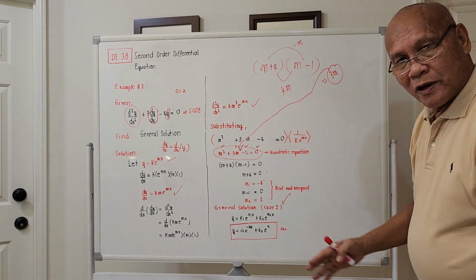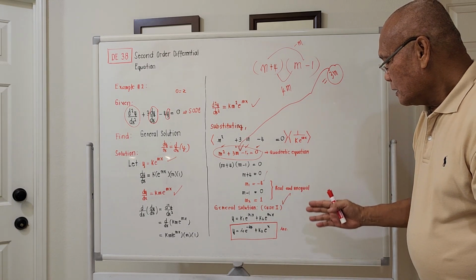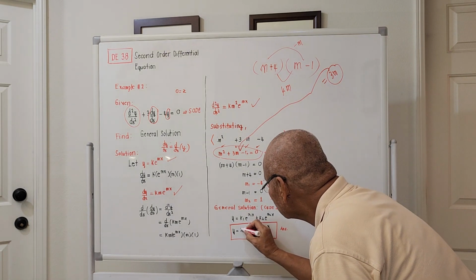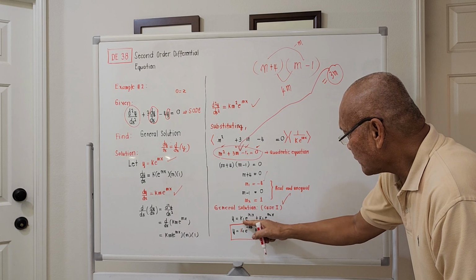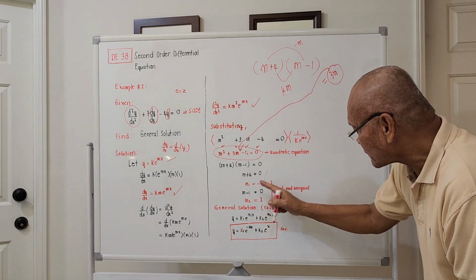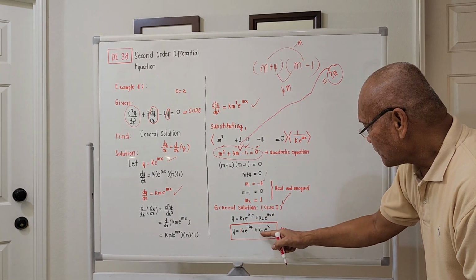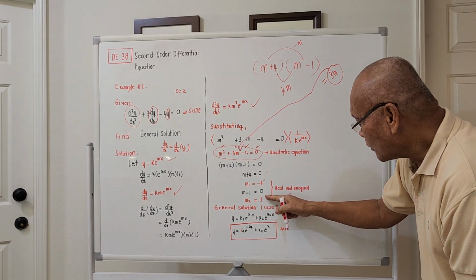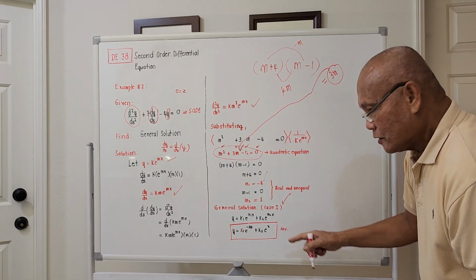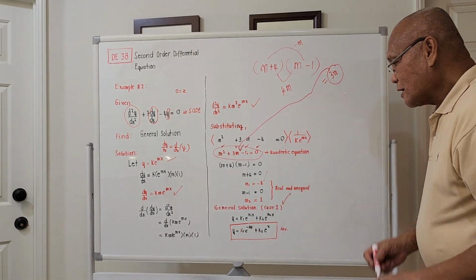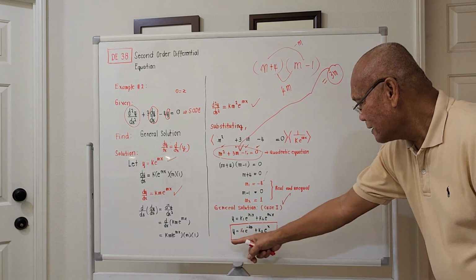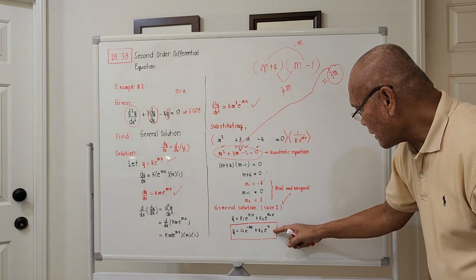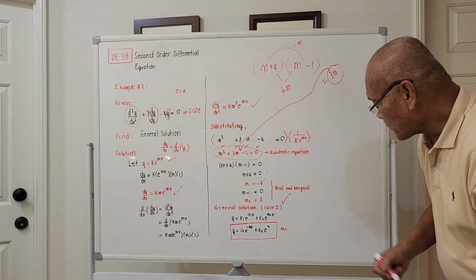Since we now know the values of m1 and m2, substituting, y is equal to k1 a raised to minus 4x plus k2 a raised to x. The required general solution for this problem is y equal to k1 a raised to minus 4x plus k2 a raised to x. That's our final answer.